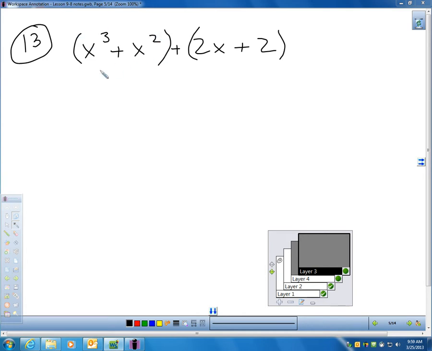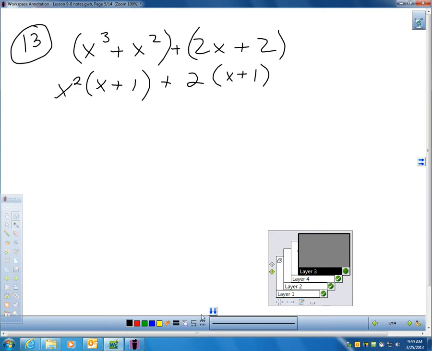So if I go over here, I do see a common factor. I can factor out x squared, and I'm left with x plus 1. You notice if I redistribute, I'd get right back to here. And then over here, I can factor out a 2 from both. So I factored out a 2 from this monomial and a 2 from this monomial.